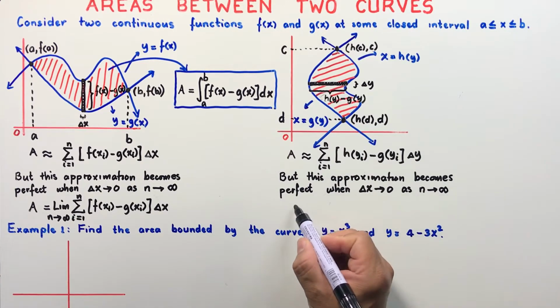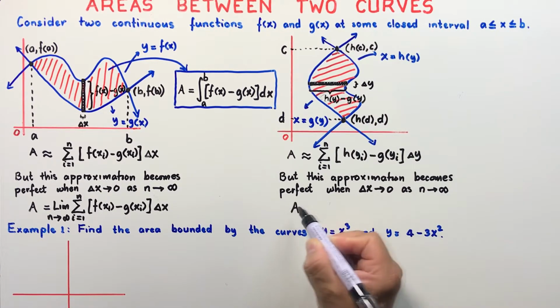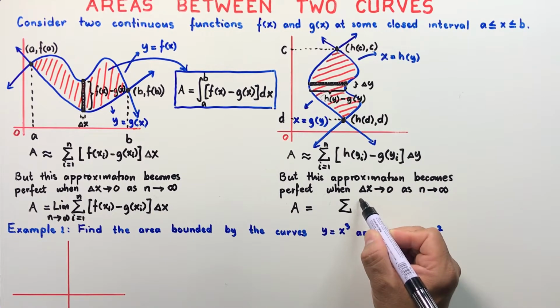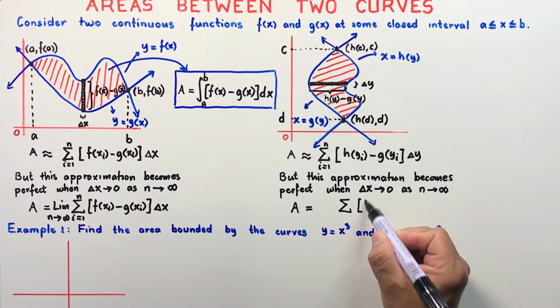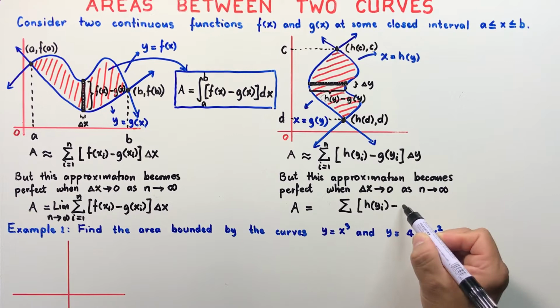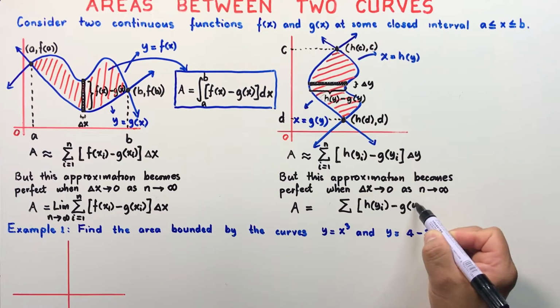So when that happens, the approximation becomes perfect, because this is the sum of all the slices, which is represented by h of y sub i minus g of y sub i.